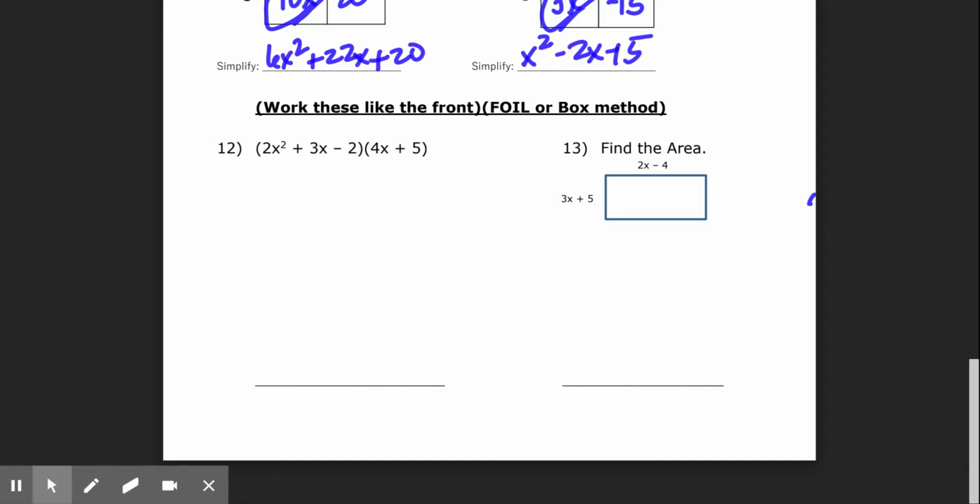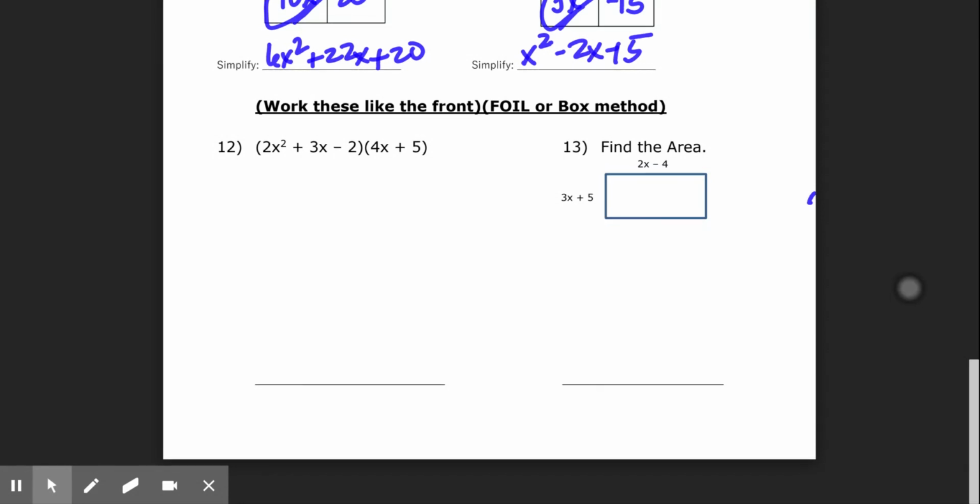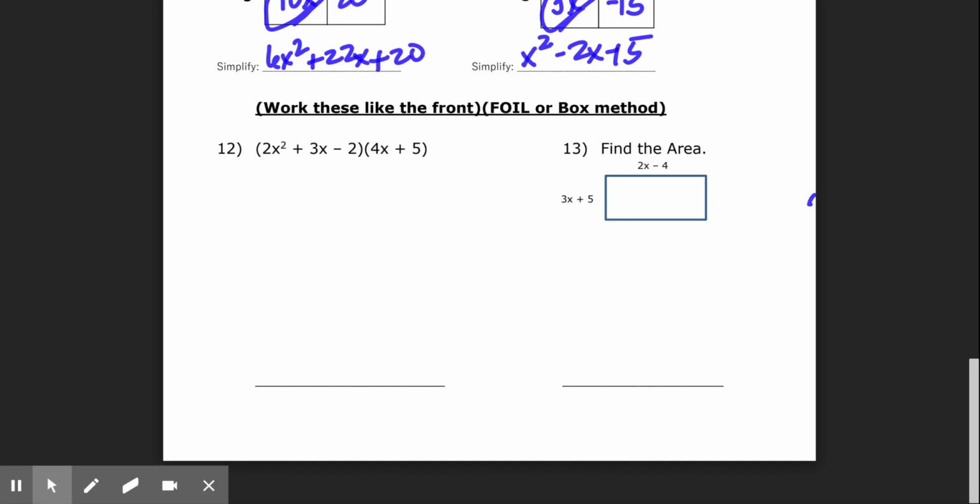All right, it says work these like the front, using FOIL or the box method. A couple things we could do here. The front way is where we actually distributed. So you can take 2x squared times 4x, which would be 8x cubed.